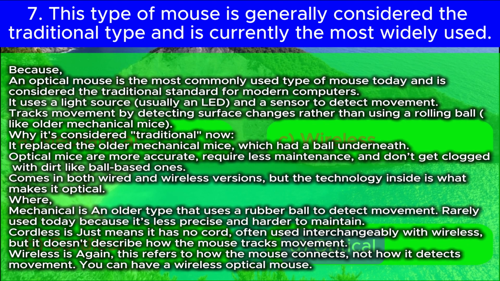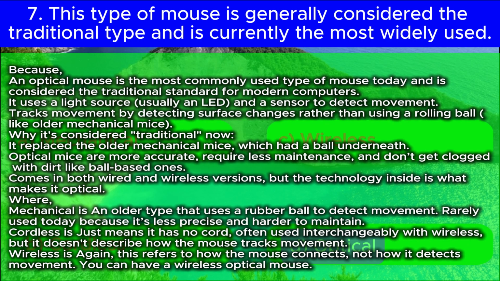Why is it considered traditional now? It replaced the older mechanical mice, which had a ball underneath. Optical mice are more accurate, require less maintenance, and don't get clogged with dirt like ball-based ones. It comes in both wired and wireless versions, but the technology inside is what makes it optical.